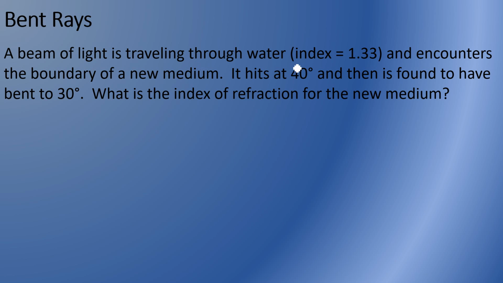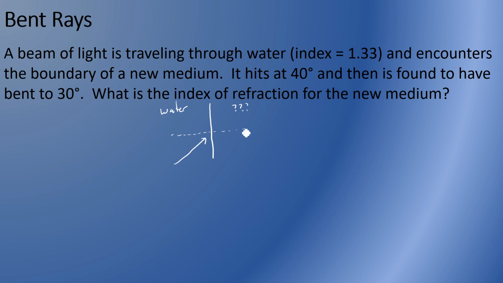A beam of light is traveling through water. There's our index of refraction. It encounters the boundary of a new medium. It hits at a 40-degree angle and has been found to have bent 30 degrees. So maybe, let's say it's oriented like this. Let's say this is our water, and this is our, whatever material. So our light comes in.